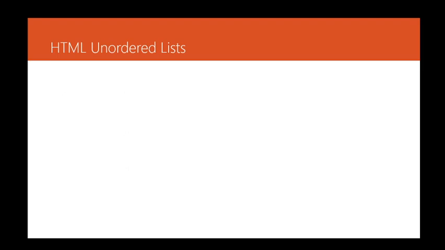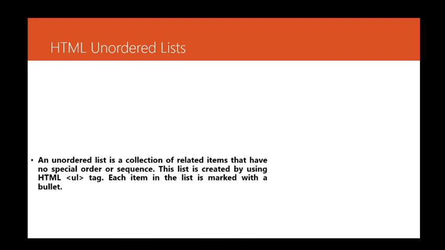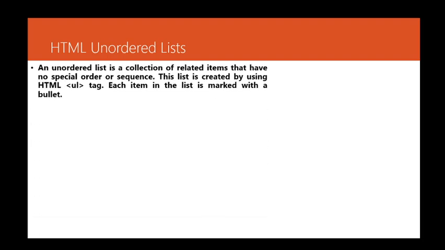The very first list type is the unordered list, which means we will be specifying bullets or symbols before our text to specify a given type of list. So what is an unordered list? It is a collection of related items that have no special order or sequence, and it is created by using the UL tag.